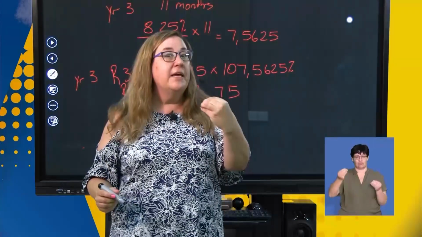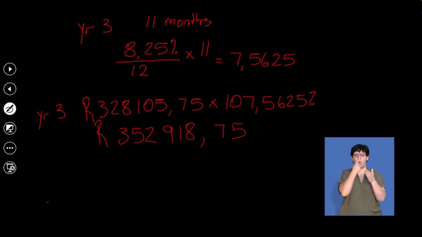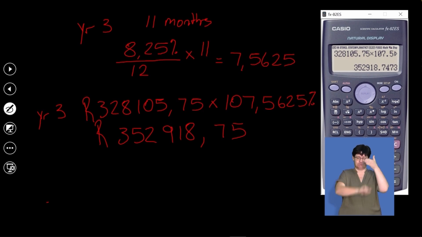Now we only want the interest value, so to that we're going to minus what we started with, that 208,000, and we get 72,918, and now we compare that to what we had for option 1. So I'm going to write this in.